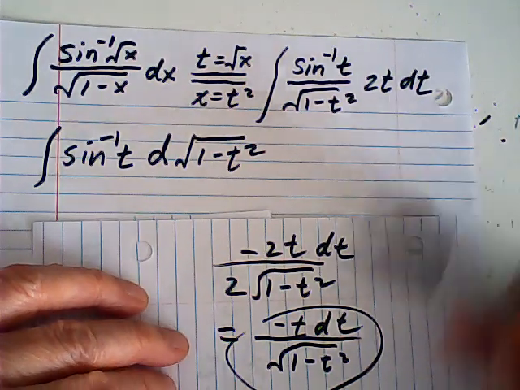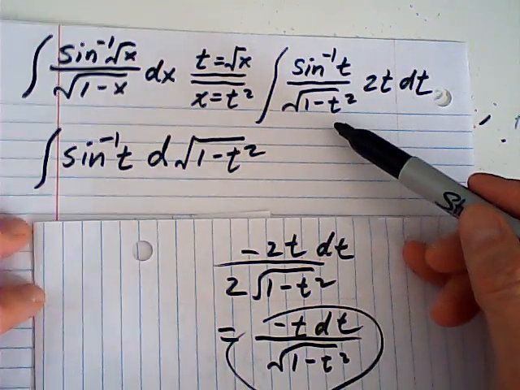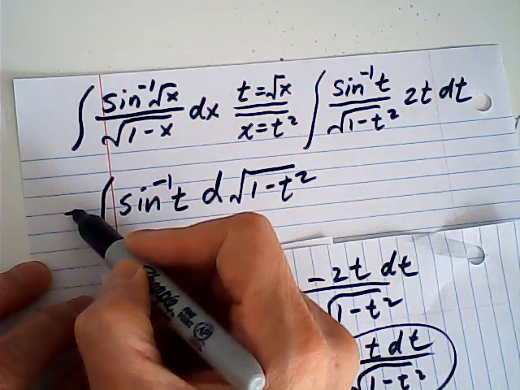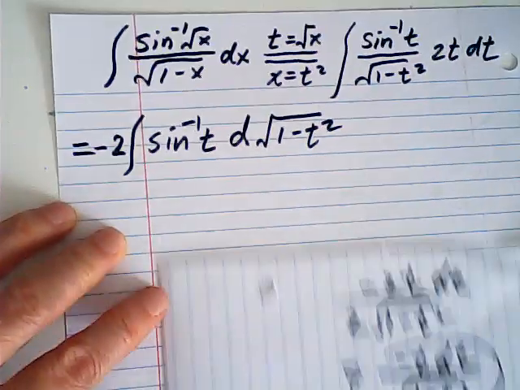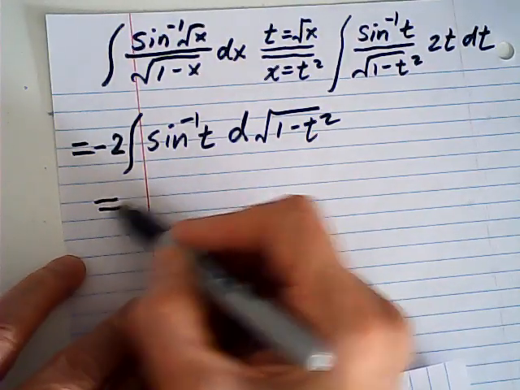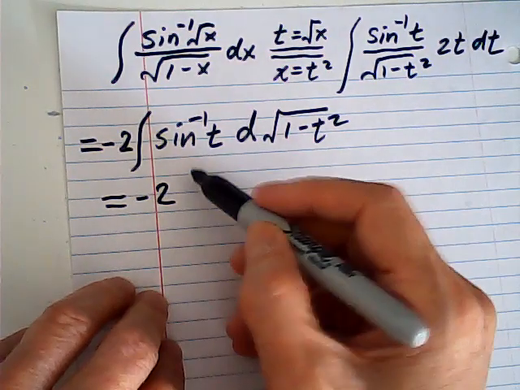I do have t. I do have a square root in the denominator. What I'm missing is negative. So I take a negative out and the 2 here, then it's equal. Okay. So next step will be u dv, so by parts.